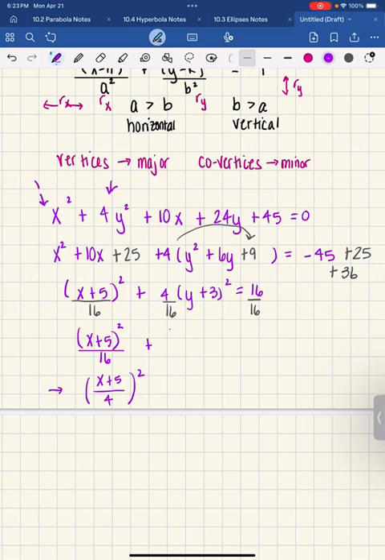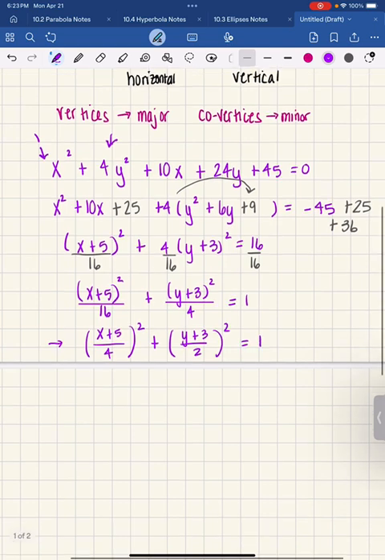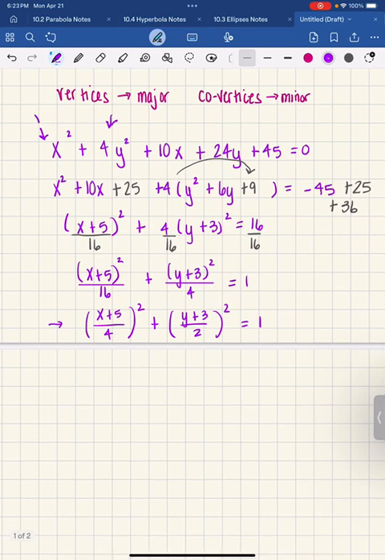Plus y plus 3 squared over 4, 16ths is a fourth, and that's going to equal 1. So the alternative is to write it as y plus 3 over 2 squared equals 1. Okay, my x radius is 4.